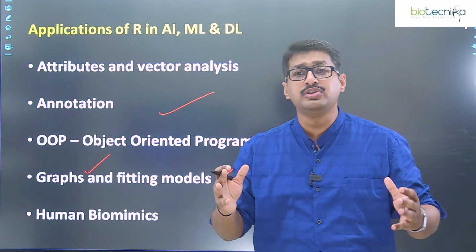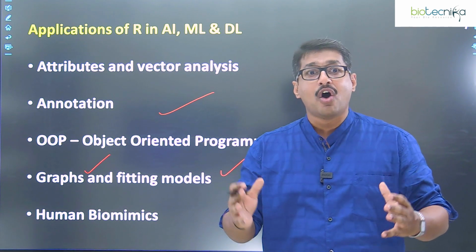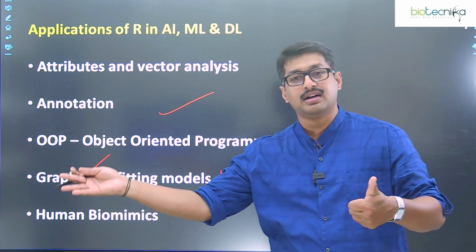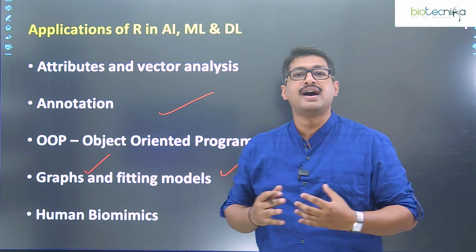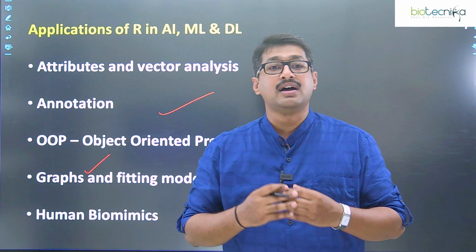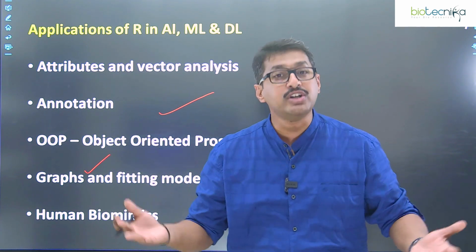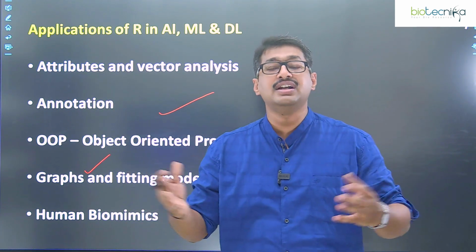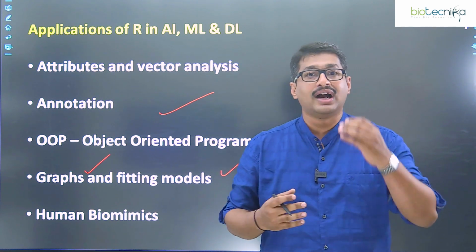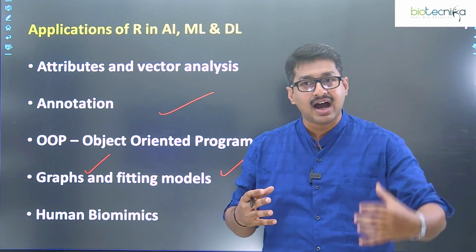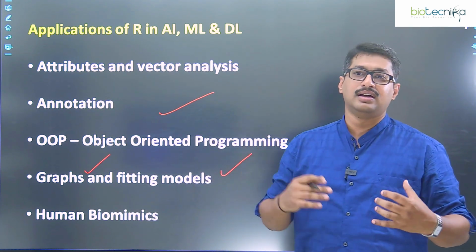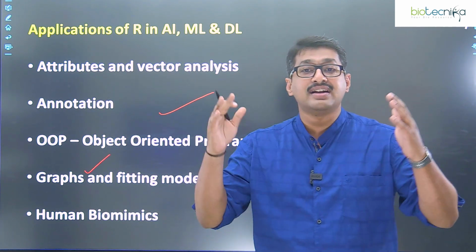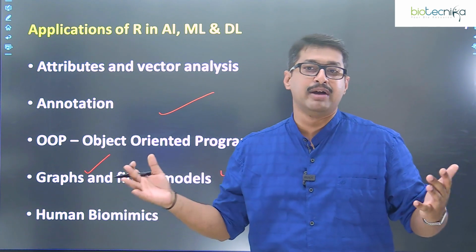So people just want to do analysis on a chip which can mimic a complete human, and try it out. There is a beautiful branch of science called organ on a chip, or human on a chip. This will again enable you to understand the application of R in AI, in ML, or in deep learning, wherein we are simply trying to create human biomimics.